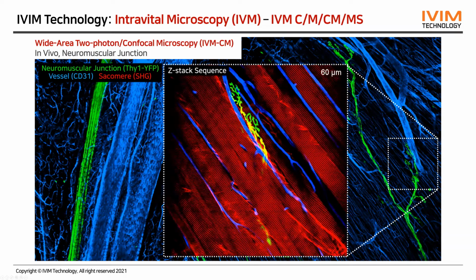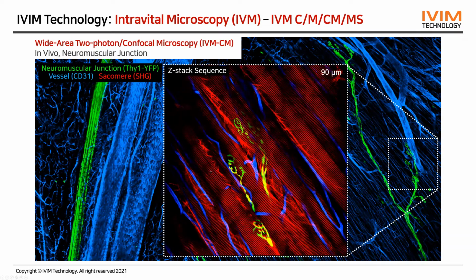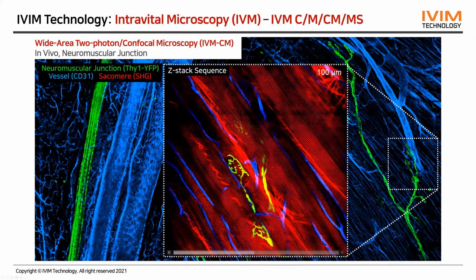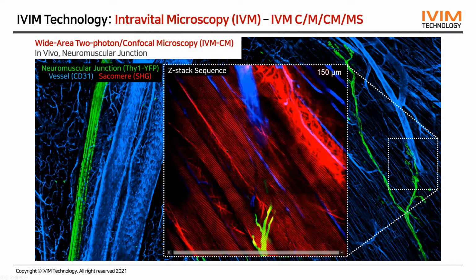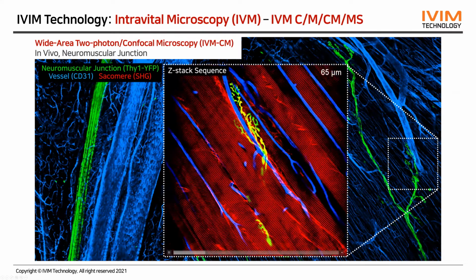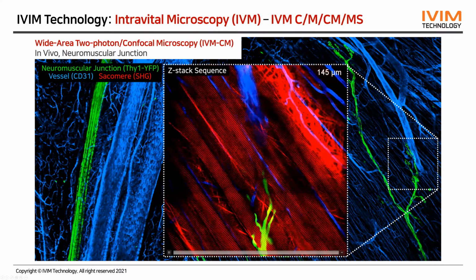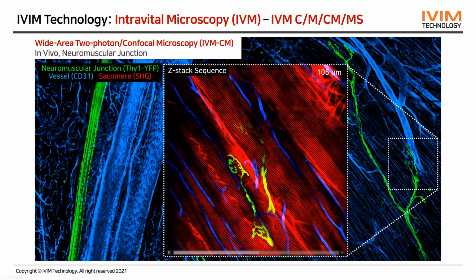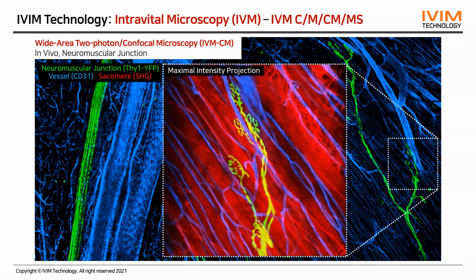In red color, this is the sarcomere in the myocyte. You can see this periodic structure inside the myocyte, which is detected in a label-free manner by detecting the second harmonic generation. This is a Z-stack, and this is the maximum intensity projection image.